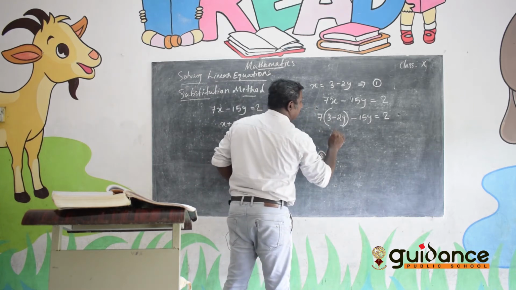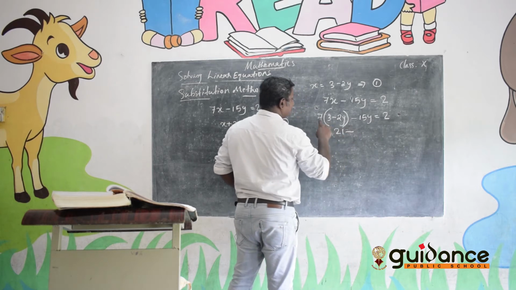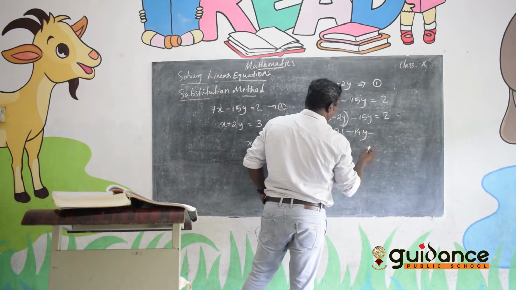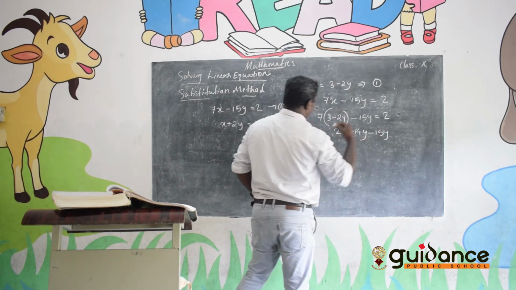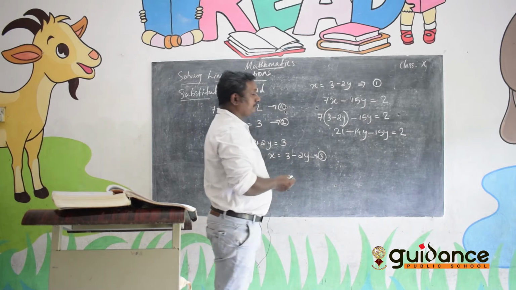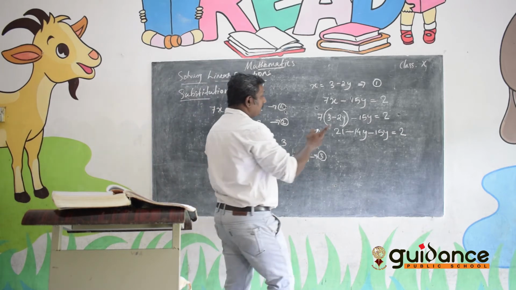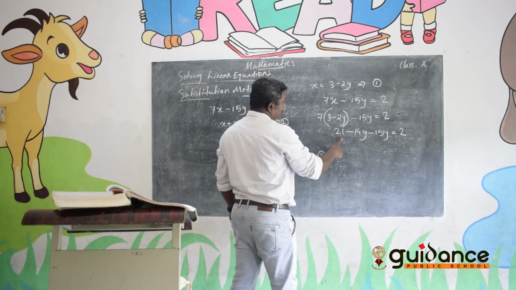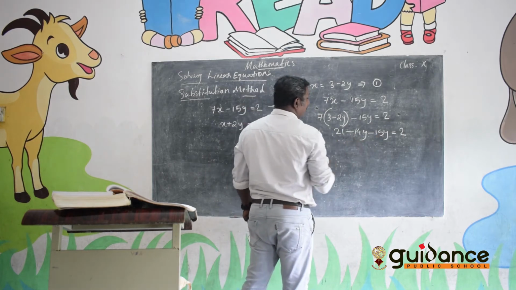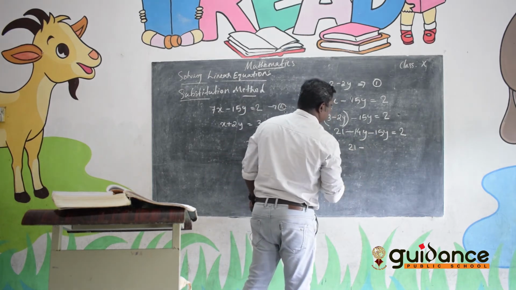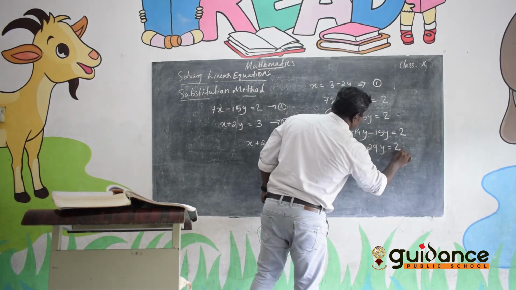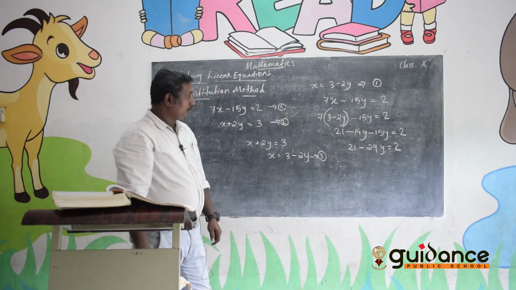7 times 3 is 21. Then 7 times 2 is 14, minus 14y. Then minus 15y, equal to 2. Then combining 15 and 14, that is 21 minus 29y equal to 2.